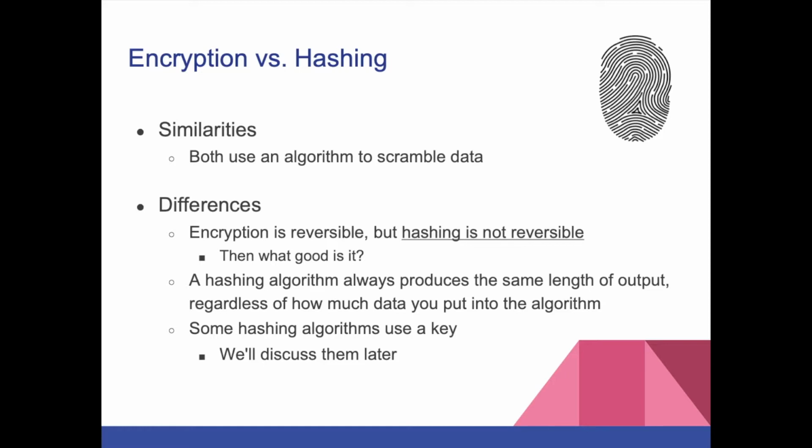The hashing algorithms that we'll talk about in this section do not use a key. They just take input, usually referred to as a message, and spit out a sort of fingerprint value. There are some other hashing algorithms that use a key, and we'll talk about those later.